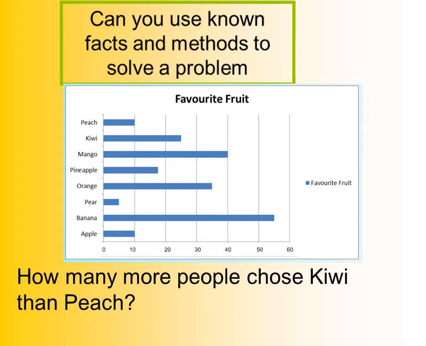I'm going to take away one of those 10s, and that would leave me with 15. So 15 more people chose kiwi than peach. You could also have answered that by looking at the chart and seeing the space between peach and kiwi is a space for 15. So that's another way you could have answered it.